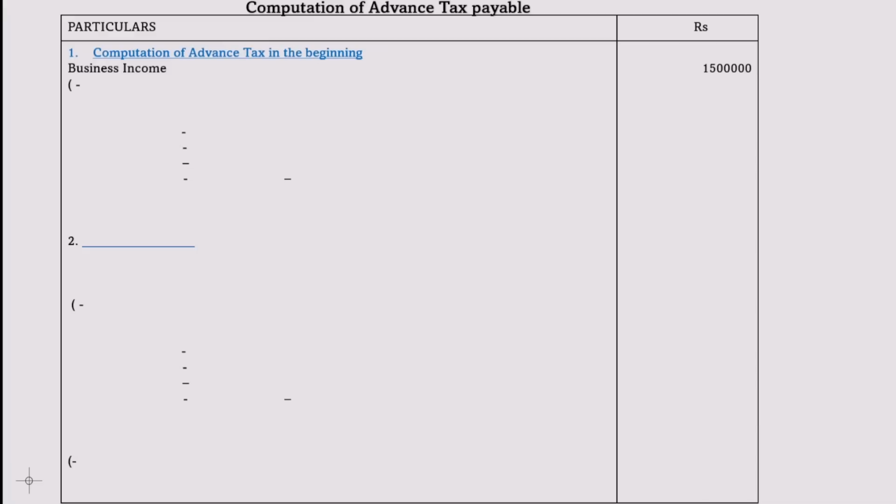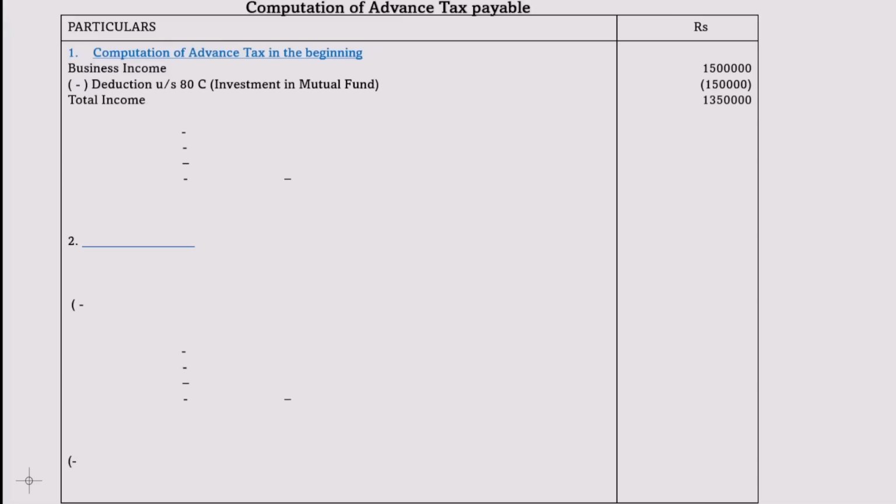In the beginning there is no other income, so the gross total income will be 15 lakh, but we have a deduction, so we need to minus this deduction here. Business income 15 lakh minus deduction under section 80C, that is investment in a mutual fund, 1,50,000. So the total income will be 13,50,000.